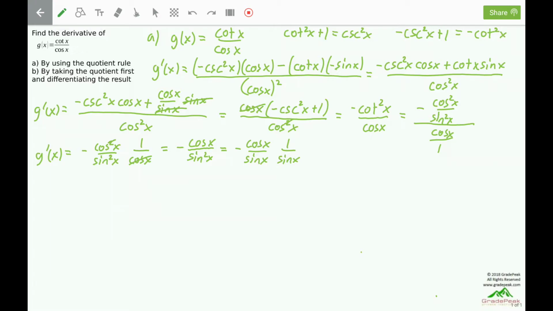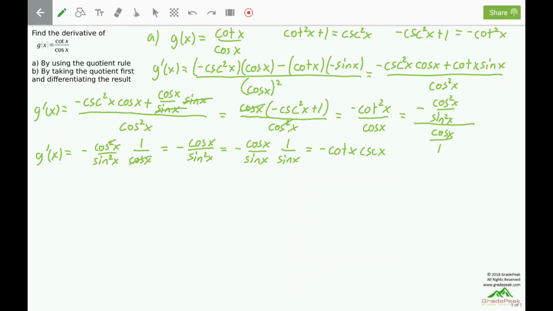Now the reason we do this is each of these can now be represented by a different trig function, because cosine over the sine can be rewritten as cotangent of x, and then 1 over the sine can be rewritten as the cosecant of x. So negative cotangent x cosecant x for our derivative g prime of x.